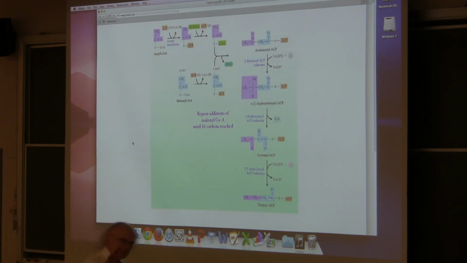In the synthesis process, 2 carbons of malonyl-ACP will get added to a fatty acid that has an even number of carbons. So if we start with something that has an even number of carbons, and we add 2 carbons to it, and we keep doing that, we're going to end up with something that has an even number of carbons, even if we start with something that has 3 carbons. Well, that's what's actually going on in this process. Okay?